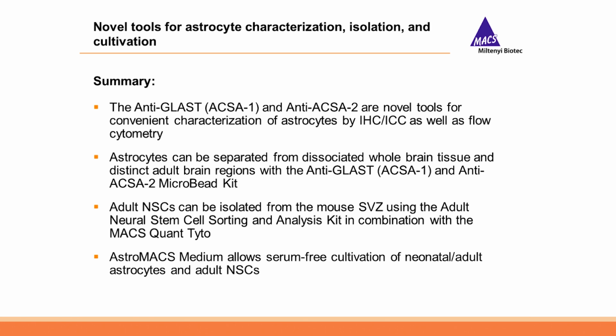We can separate the astrocytes from dissociated whole brain tissue and distinct adult brain regions using the anti-GLAST ACSA-1 and the anti-ACSA-2 MicroBead Kit. I also showed you that adult neural stem cells can be isolated from the mouse SVZ with our adult neural stem cell sorting and analysis kit in combination with the flow sorter MACSQuant Tyto, which leads to a high purity and a high viability of neural stem cells.